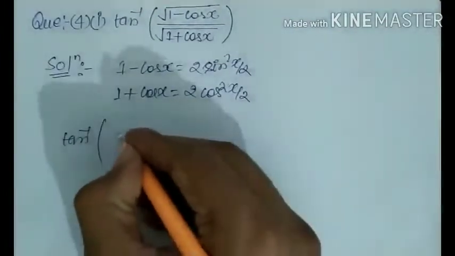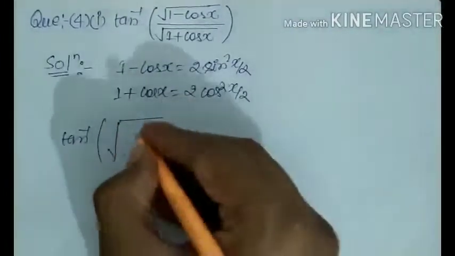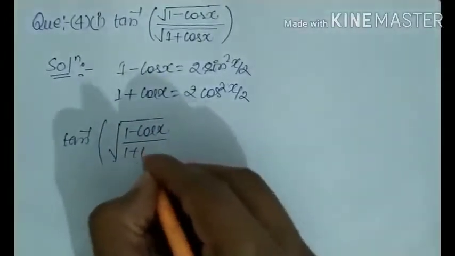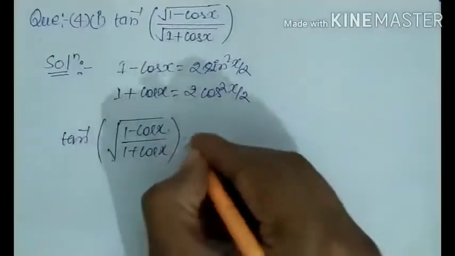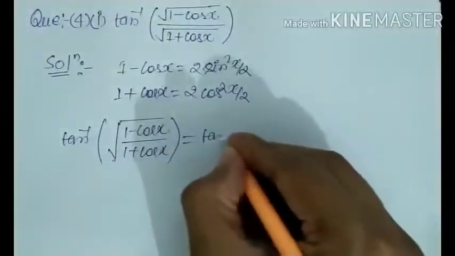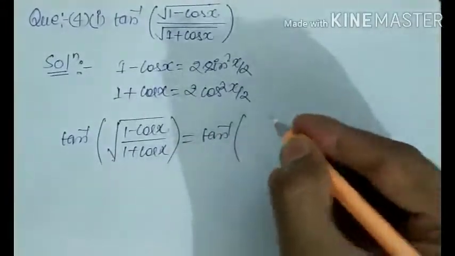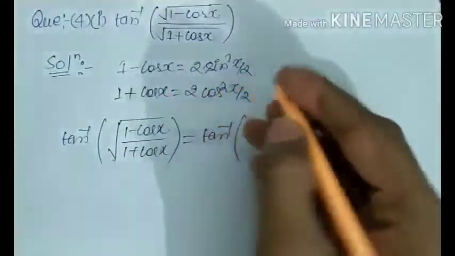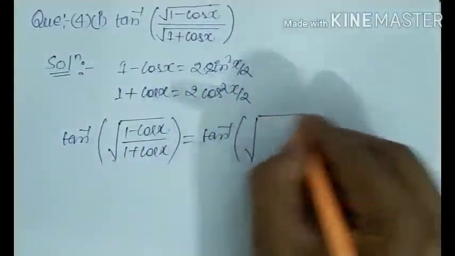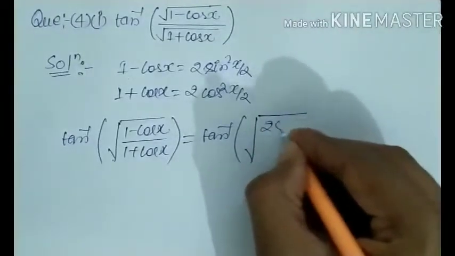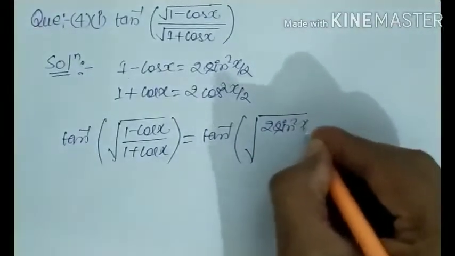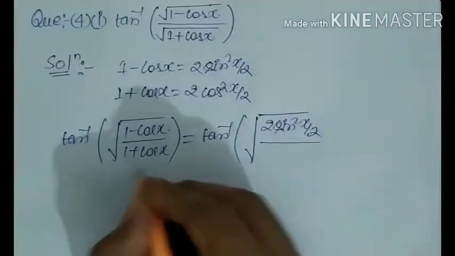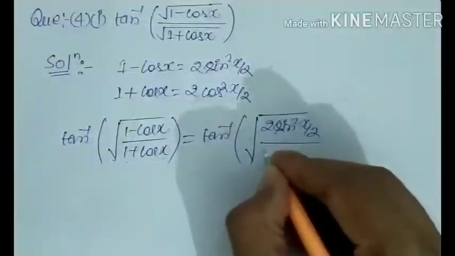We'll get tan inverse root over (1 minus cos x) upon (1 plus cos x) is equal to tan inverse under root, 1 minus cos x can be written as 2 sin square x by 2, divided by 1 plus cos x, which can be written as 2 cos square x by 2.